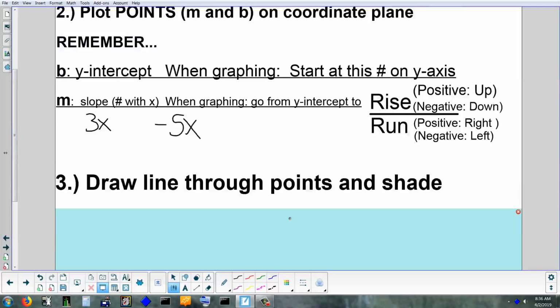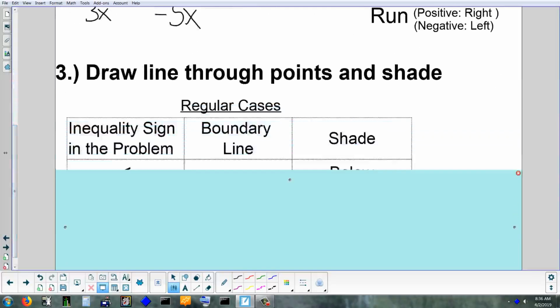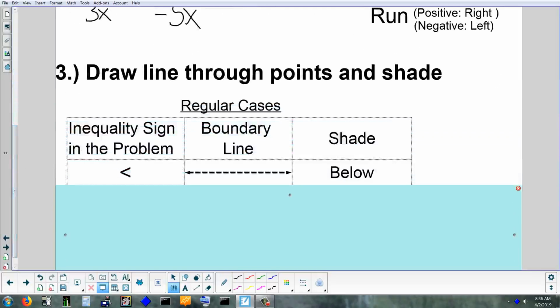That little chart on the front side of the bottom of the notes is what you're going to want to use. I know we did this in the warm-up and at the beginning of the notes today. Can someone remind me, what does that sign mean? Like Nicole just said, less than.